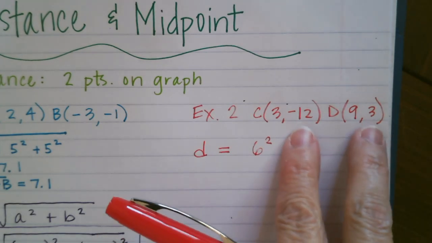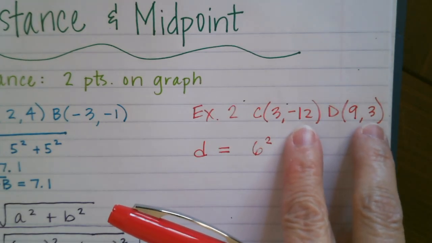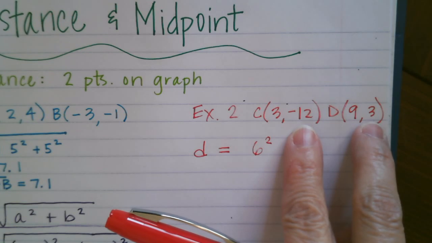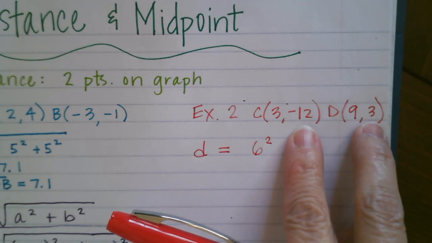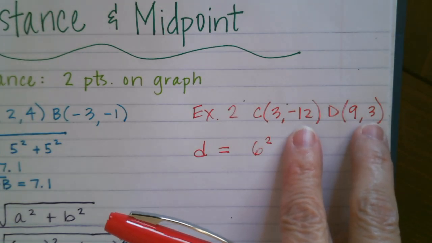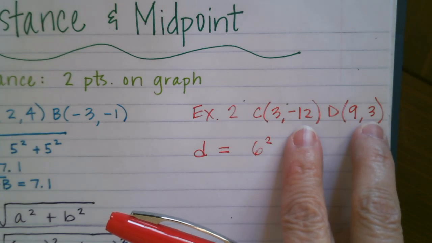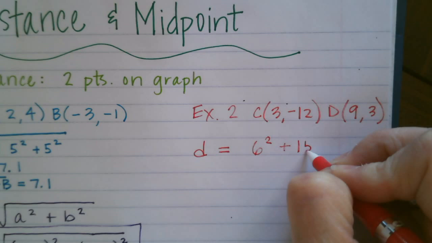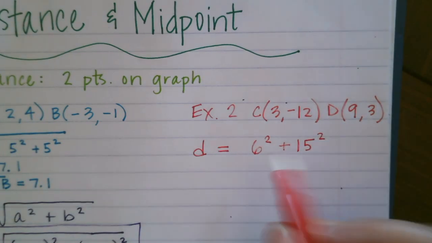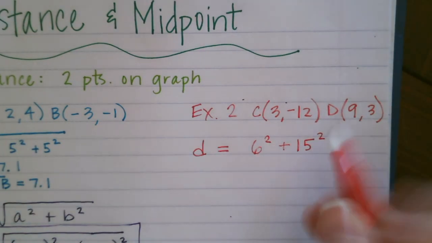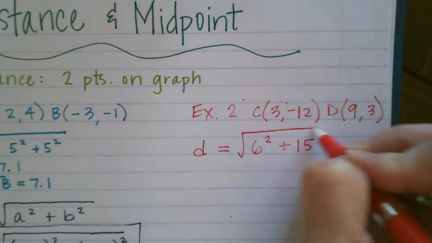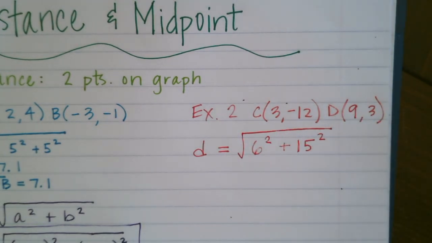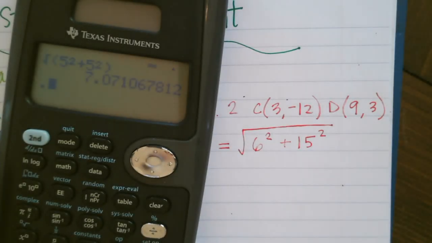Then I'm going to come over here and say, how far apart are the y's? I go from negative 12 on one of them to positive 3 on the other one. That's a difference of 15. So I know that side B is 15. Now I have a squared plus b squared, and then I need to take the square root of it and grab the calculator.